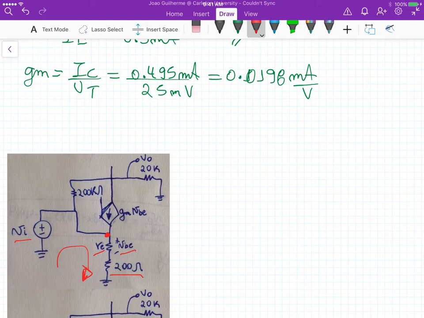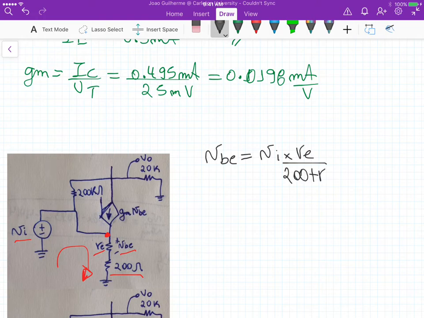So we can write this VBE as VI times re divided by 200 plus re. That's VBE, which is this voltage up here.